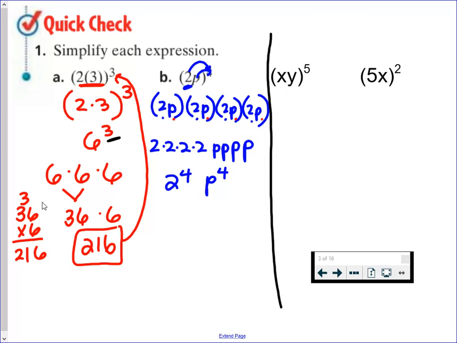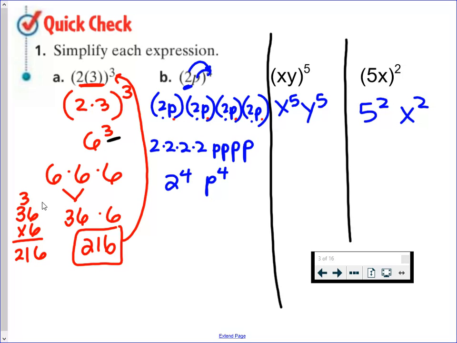So the third one would really be x to the 5th, y to the 5th. It's kind of like a shortcut. I didn't need to write out all those x's and all those y's. The last one would be 5 to the 2nd and x to the 2nd.